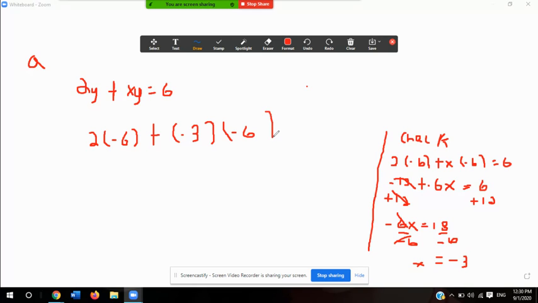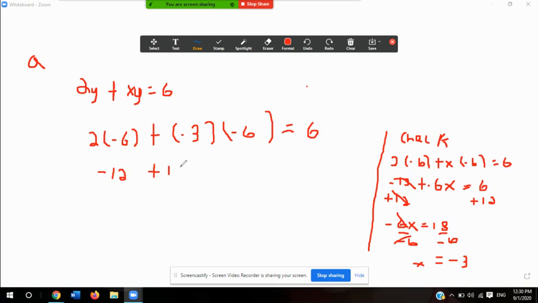And this whole operation is supposed to equal positive 6. Now we'll see if what we did is correct. So 2 times negative 6 is negative 12. And then negative 3 times negative 6 is positive 18. So this would be plus 18.